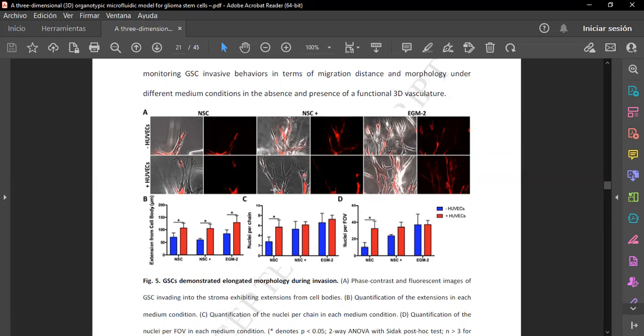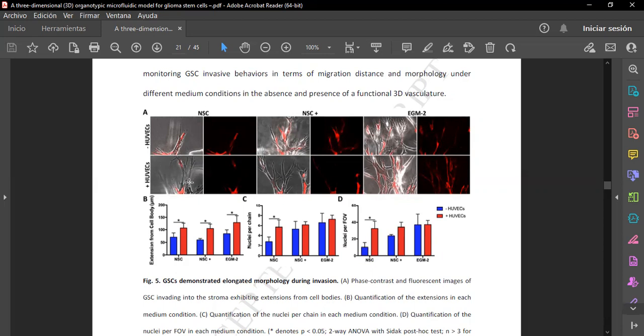This is important because it can be explained by the activation of migration processes with chemicals that can be present in extracellular components.